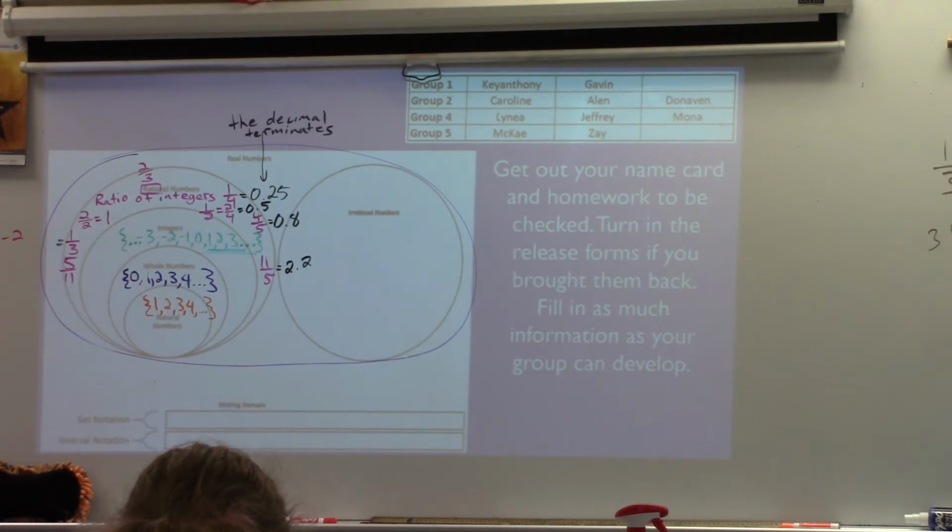Obviously 3 can't go into 1, but how many times can 3 go into 10? 3 times, right? So I get 3 times 3 is 9, subtract that out, get a 1. Bring down that 0.